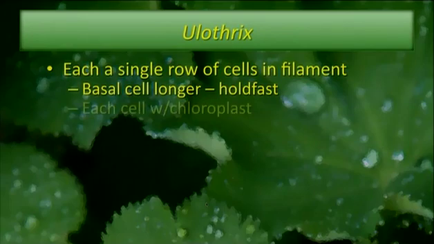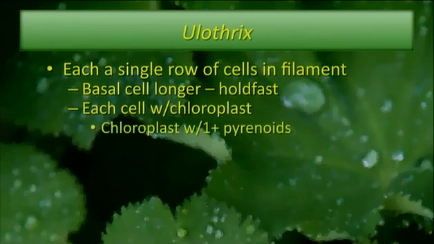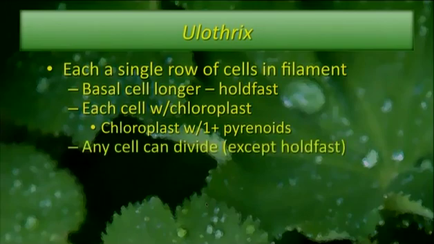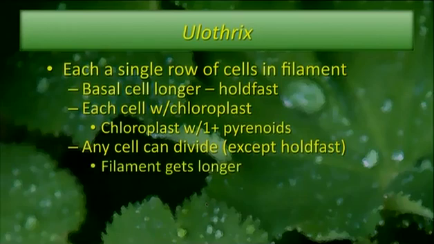Each cell has a chloroplast, and each chloroplast has one or more pyrenoids. Remember what pyrenoids are? They're proteinaceous structures that help to synthesize starch. Any cell can divide except the holdfast cell, and so the filament can get longer. That's its vegetative growth.